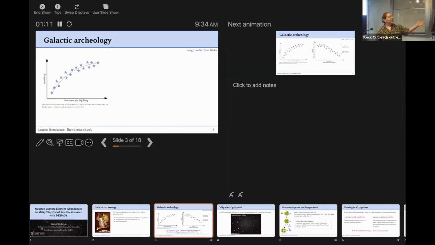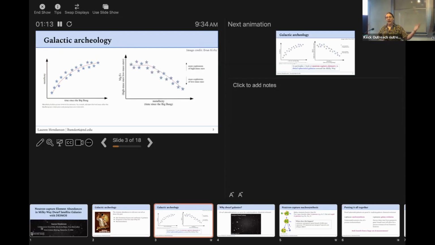We can then use this to compare metallicity, for which we usually use iron, to abundances of other elements in stellar populations. So now we have metallicity on the x-axis, but we can still think of that as time. And on the y-axis, we have two different elements, magnesium and iron. A plot like this can help us compare the timescales on which these elements are produced. This is a good example because magnesium is released in the deaths of really massive stars.